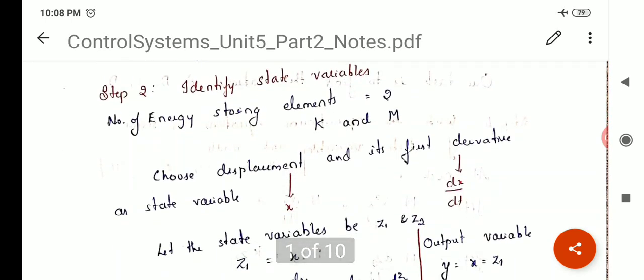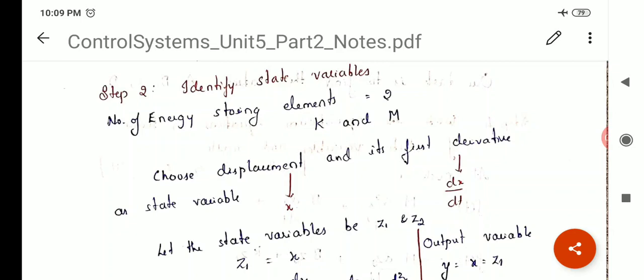Now, how do we choose the state variables? In the case of an electrical network, it was simple. If you remember, for an inductor we consider the current flowing through the inductor as a state variable, and for a capacitor we consider the voltage across the capacitor as its state variable.